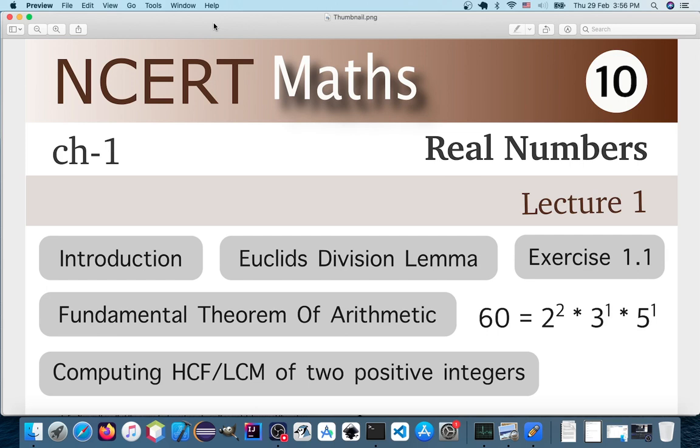We'll walk through the solved examples, and also we'll try to solve the problems in the exercise. So if you are following my videos, then I will highly recommend that you sit down with a notebook and a pen and study the chapter with me.